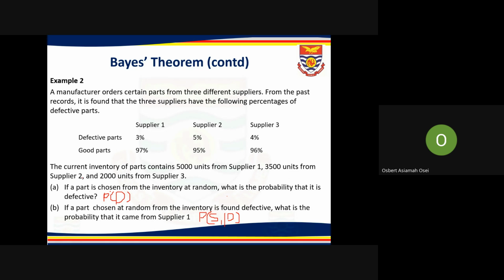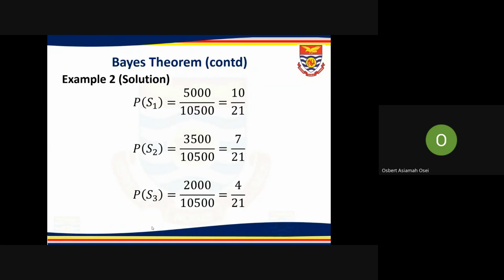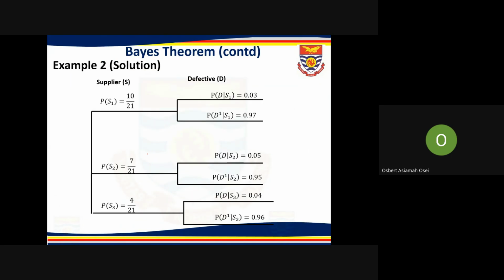So how do we get the probability of defective? It's gotten from here. The denominator, this times this plus that times this, will give us the probability of defective. So you look at the probability of getting S, then multiply by this, then the probability of this multiplied by this.